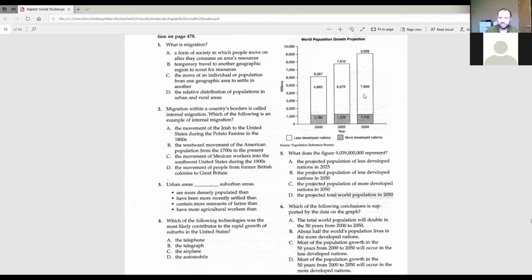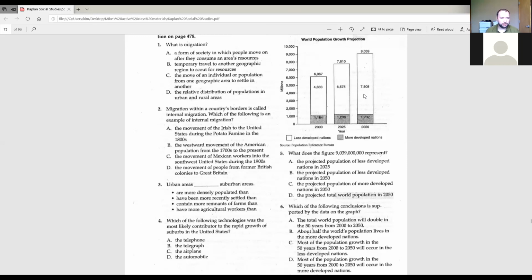C, most of the population growth in the 50 years, from 2000 to 50, will occur in less developed nations. Or D, most of the population growth in the 50 years from 2000 to 2050 will occur in the more developed nations. So if you remember from last week, me talking about this, this is another one of those things where notice that the two that we're down to are worded exactly the same.